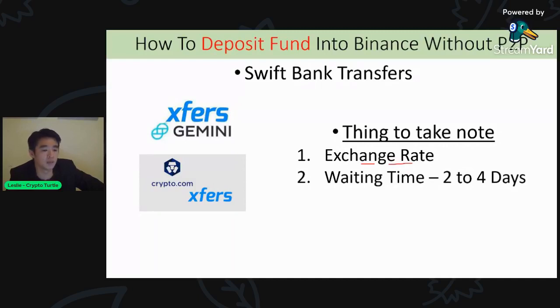But the waiting time is actually 2 to 4 days, so you will need to fund it earlier. If you spot something that you want to buy immediately, unfortunately you cannot do that. You will need to wait 2 to 4 days. If not, you have to use the other two methods: the credit card, debit card, or the expert method.